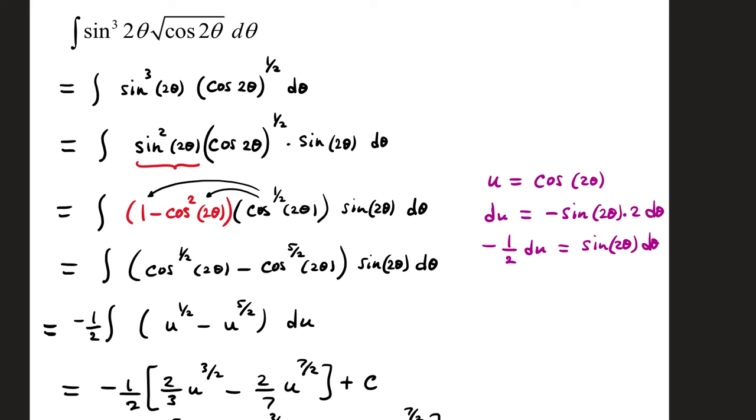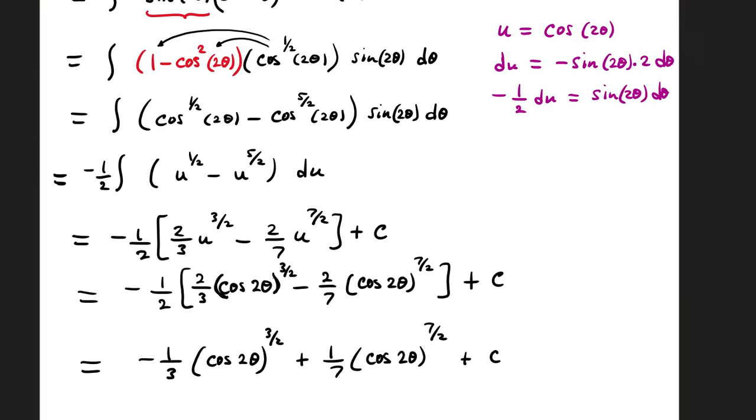Now we can take our antiderivative of those u terms, and we add 1, so that's u to the 3/2. Dividing by 3/2 is the same as multiplying by 2/3. Minus, add 1, we have u to the 7/2. Dividing by 7/2 is the same as multiplying by 2/7.